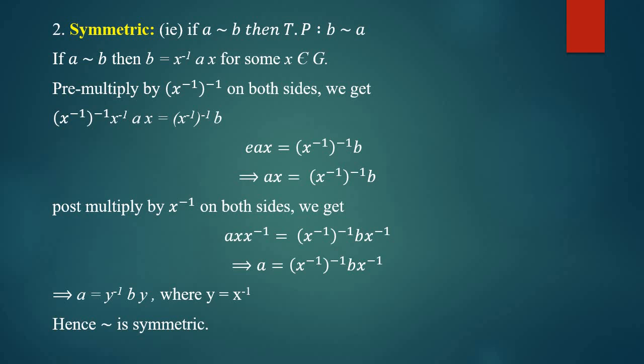From the above equation we get a x equals x inverse the whole inverse b. And post-multiplying by x inverse on both sides, we get a equals x inverse the whole inverse b x inverse. Let y equal x inverse, then we can write the above equation as a equals y inverse b y. Hence tilde is symmetric.